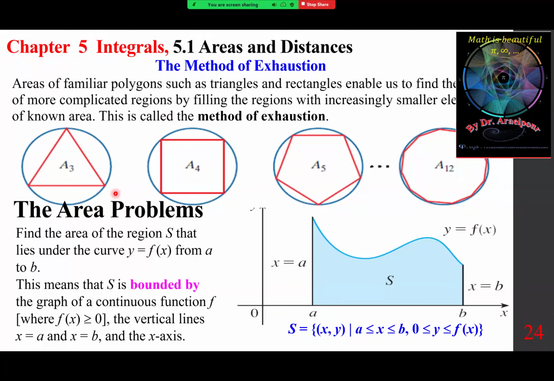So what do we do? We cut it into so many pieces, okay? And if we use rectangular strips with equal width, it makes it easier to deal with. So in this case, we cut it into 4, but in general, we cut it into n. So delta x, this width is delta x, b minus a over n, and we use this Riemann sum.